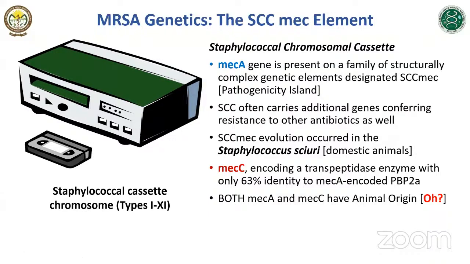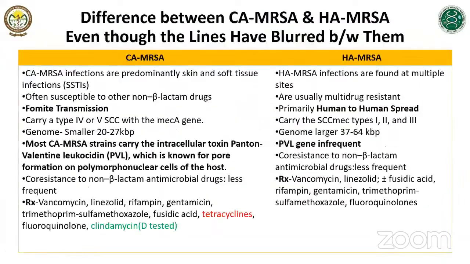So far, around 11 types of staphylococcal chromosomal cassettes have been found to date, out of which types 4 and 5 are found in community-acquired MRSA. Even though the lines between community-acquired MRSA and hospital-acquired MRSA have been blurred, broadly speaking, community-acquired MRSA usually cause skin and soft tissue infections in the community, often with fomite transmission, and are usually susceptible to many oral antibiotics.